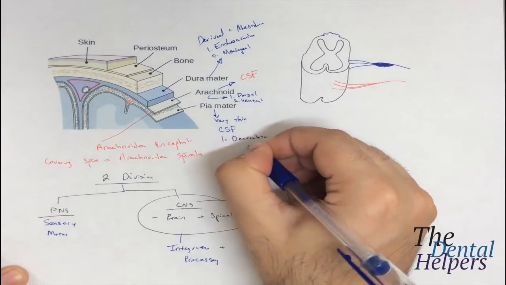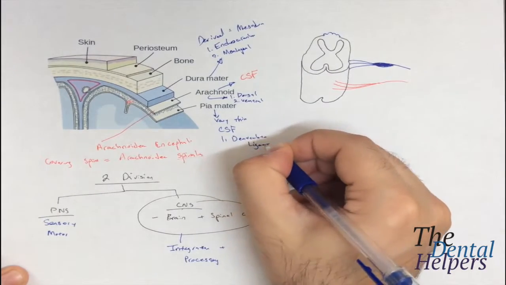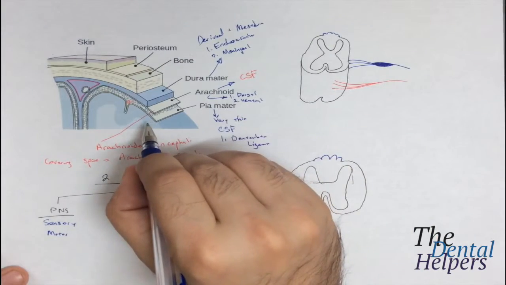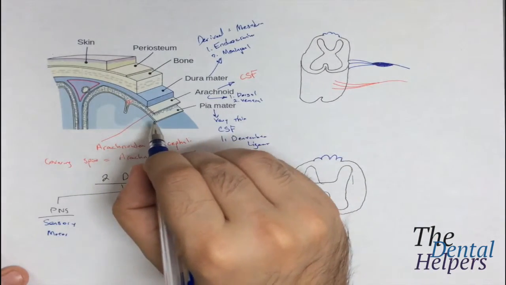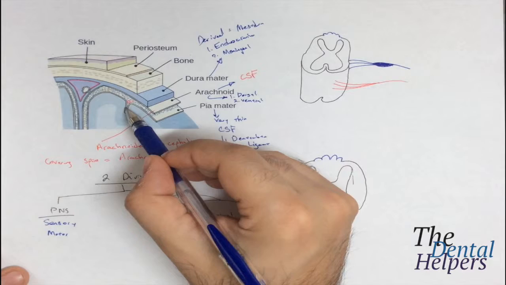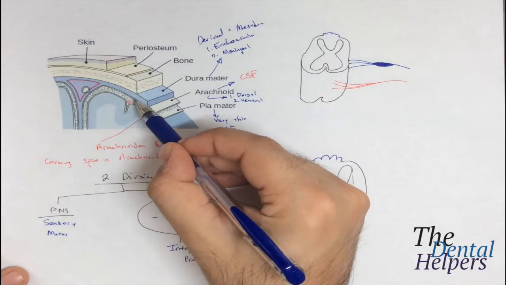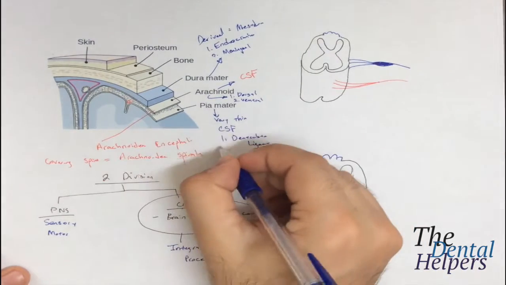There is the denticulate ligament, and that's going to be extensions of the Pia Mater that are going to basically anchor to the inside of the dura. So you can imagine this as almost little hooks or webs that are going to be able to anchor to the Dura Mater.